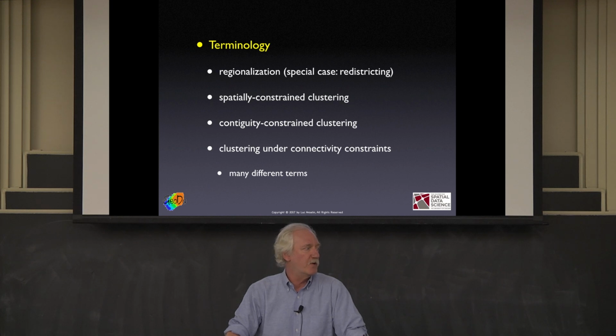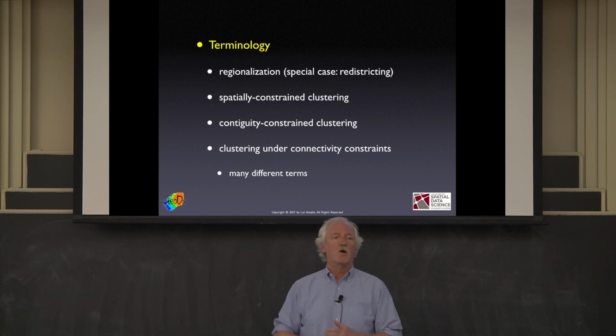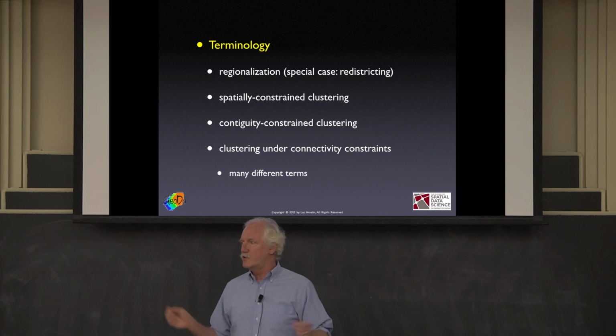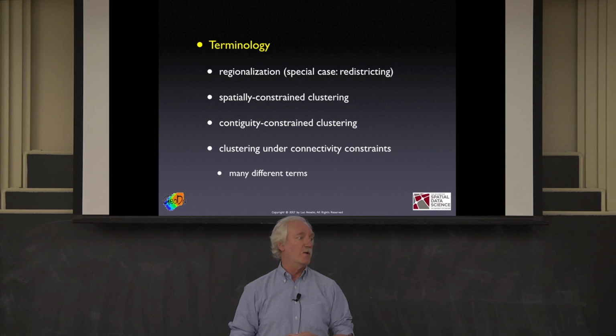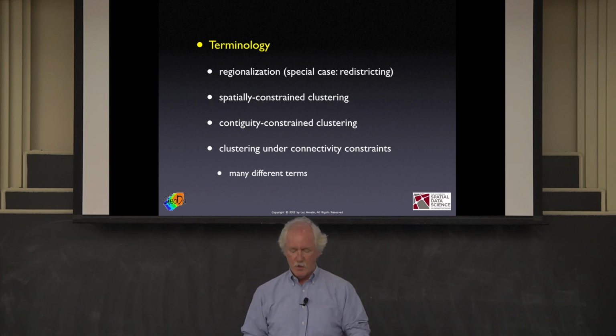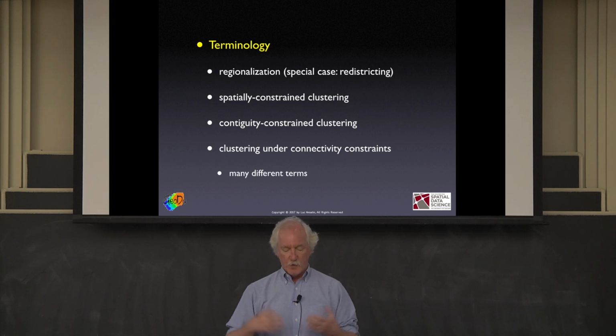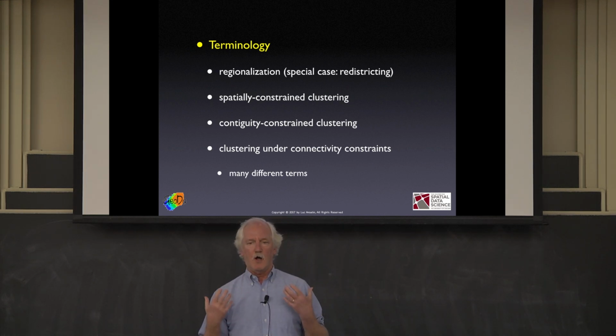So 1 person, 1 vote. Each district is supposed to have the same size. There's all kinds of complications to this. There's a huge literature to this. But in essence, it's a spatial optimization problem of this flavor, spatially constrained clustering. So it's known as spatially constrained clustering, as contiguity constrained clustering, clustering under connectivity constraints, lots of different terms, but it's all the same thing.